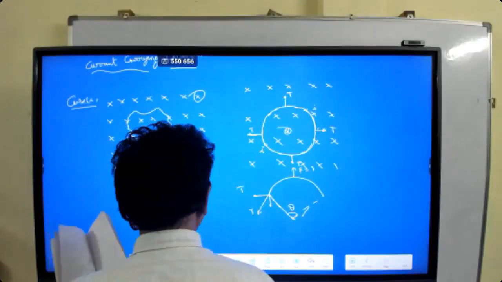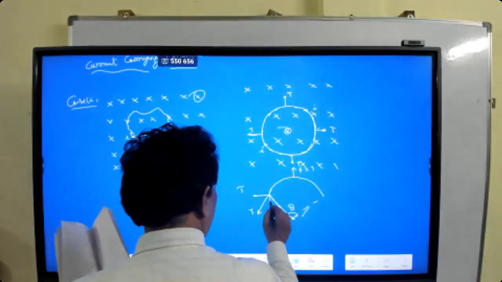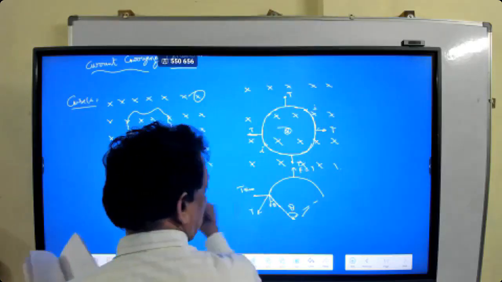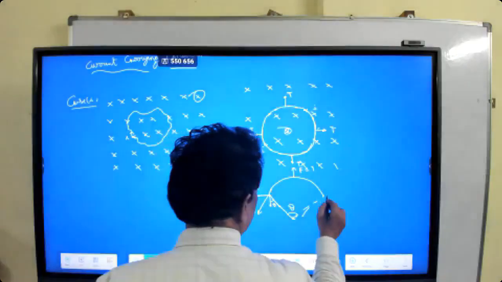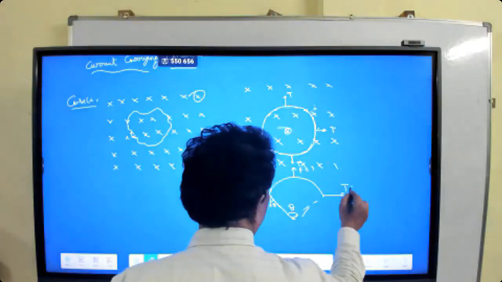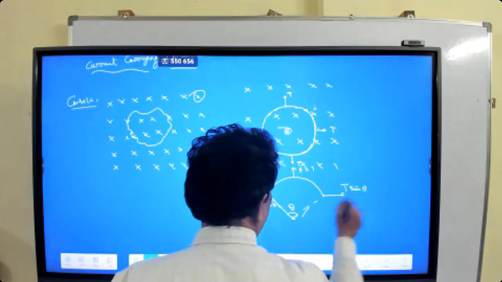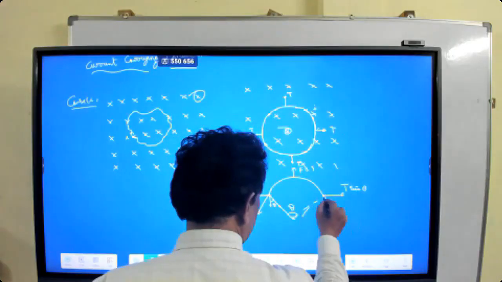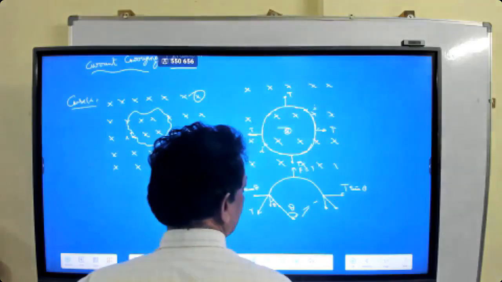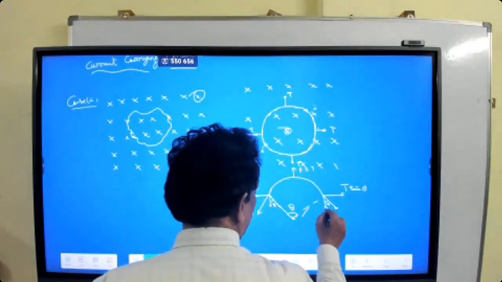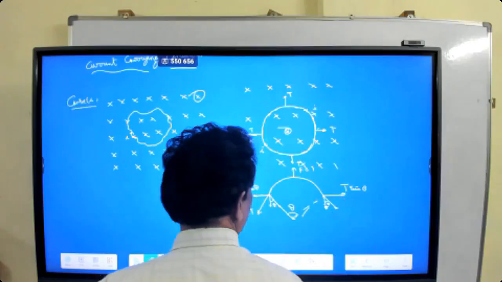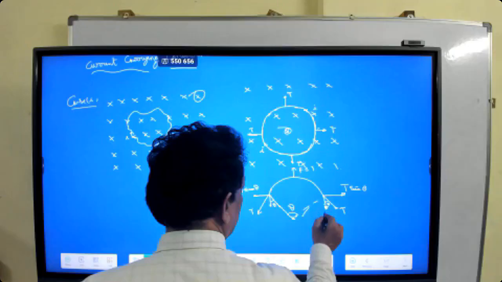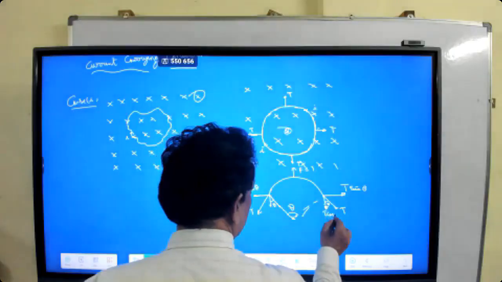This makes an angle of theta, so this one is T sin theta, horizontal left. Similarly, the other side makes T sin theta, and they cancel, equal and opposite. So the tangential or vertical tension remains, which is T cos theta.